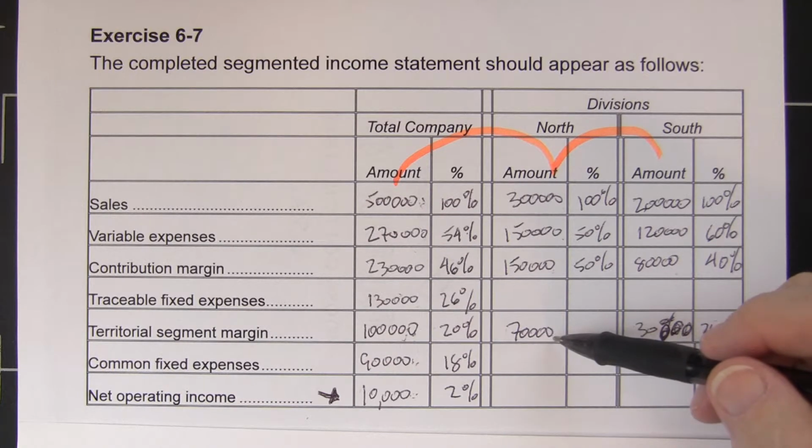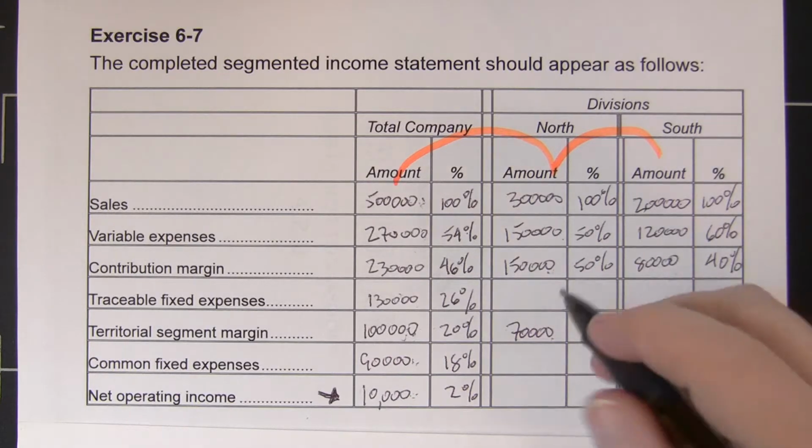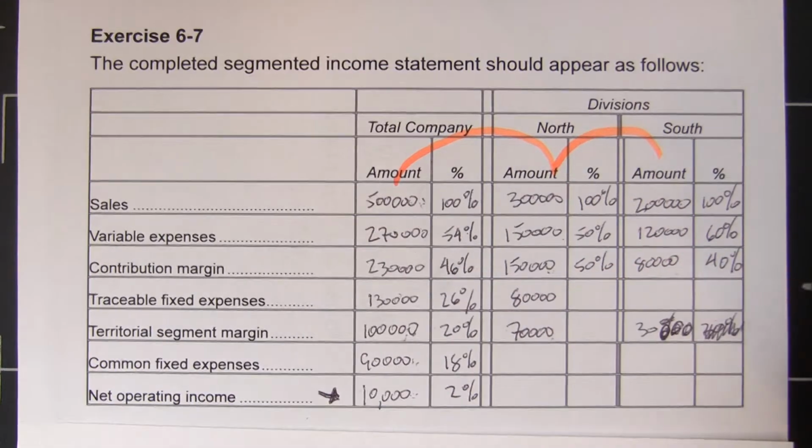If our total segment margin here was 70,000 and our contribution margin was 150, our traceable expenses had to be the difference, 80,000.